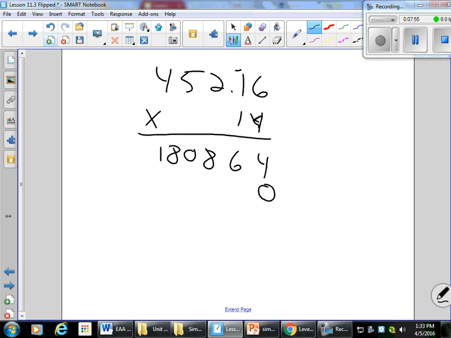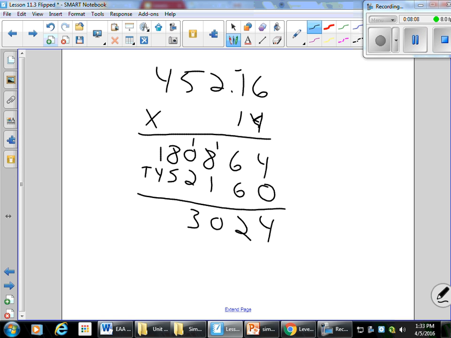I've got a 0. Got a 6, 1, 2, 5, 4. Add this up. I have a 4. 6 plus 6 is 12. 8 plus 2 is 10. Gives me a 3. 8 plus 5 is 13. Gives me a 6. Two numbers after the decimal. Two numbers here. My answer is 6,330 and 24 hundredths.